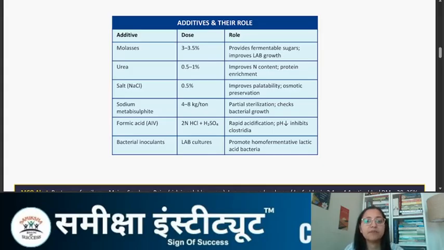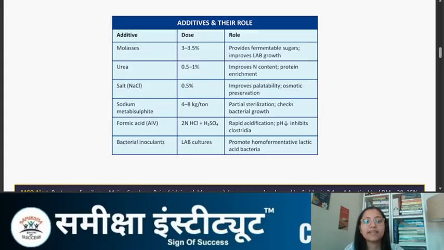Then sodium meta bisulfite. It also acts like a sulfur, it provides the sulfur for the protein. Then partial sterilization also, then checks bacterial growth. Then formic acid, in the case of AIV method we will add formic acid as well. There is rapid acidification, pH is reduced, and it inhibits the clostridial growth.